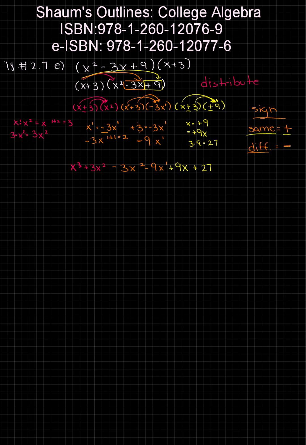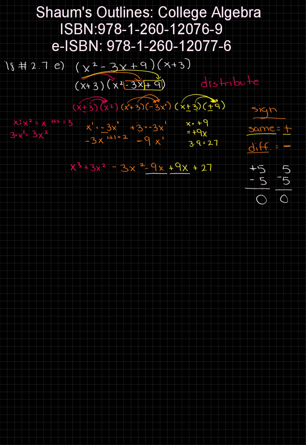We can simplify this. Now remember, this little one, we don't really need it. It's imaginary. So I'm going to delete it. Okay. Now what can we put together? I have minus 9x plus 9x. That's like saying minus or plus 5 minus 5 gives me 0, right? 5 minus 5 is 0.